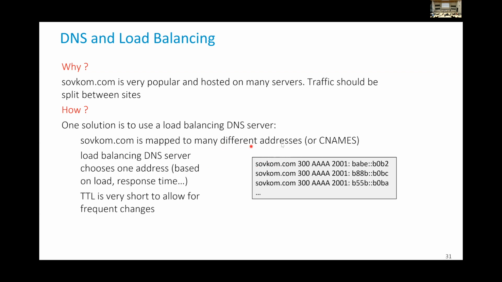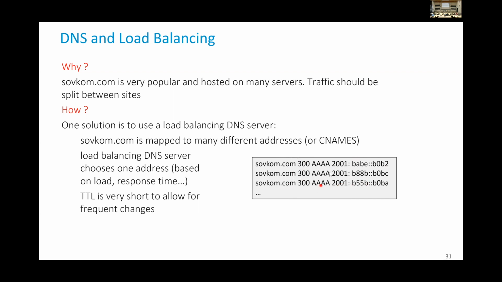DNS can be used to facilitate the management of this by putting in the DNS a large number of IP addresses. Typically, it would not be done exactly in this way. We would typically have a canonical name, a CNAME, that would correspond to different names. But to simplify the story here, I'm just assuming it's mapped to a large number of different IP addresses.